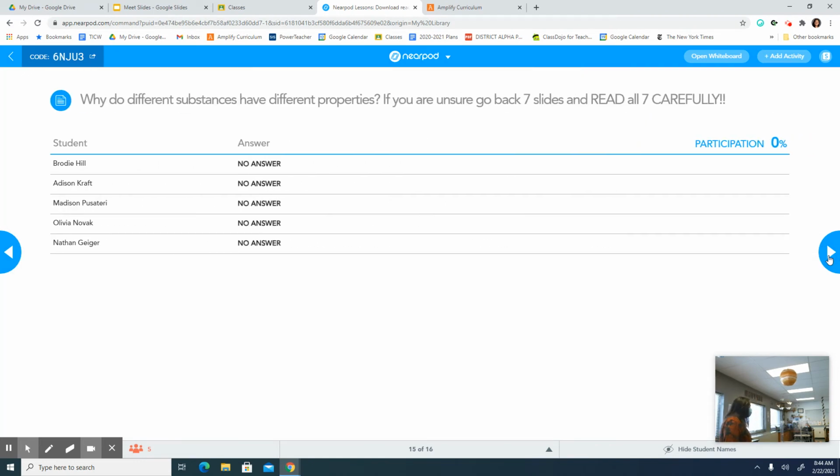So last question, and then we are done. We'll play a game. Why do different substances have different properties? Unfortunately, you can't go back to your 7 slides.